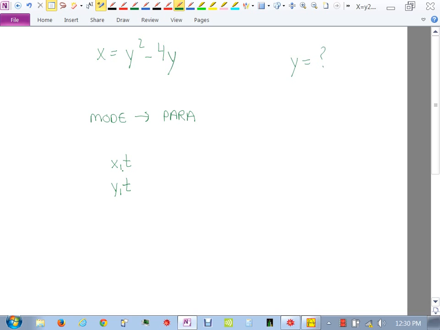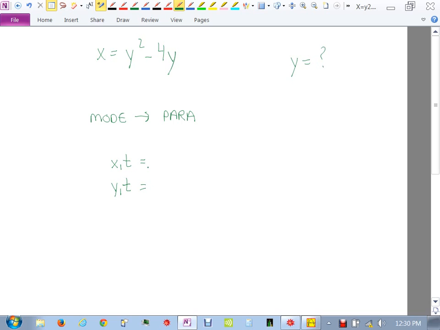Anyone not have that? Everyone's okay? Here's what we're going to do. I'm trying to teach you a lot in a few minutes here. Instead of telling me what y is in terms of x, parametric says, tell me what x is in terms of t, and then what y is in terms of t, which seems confusing right now.